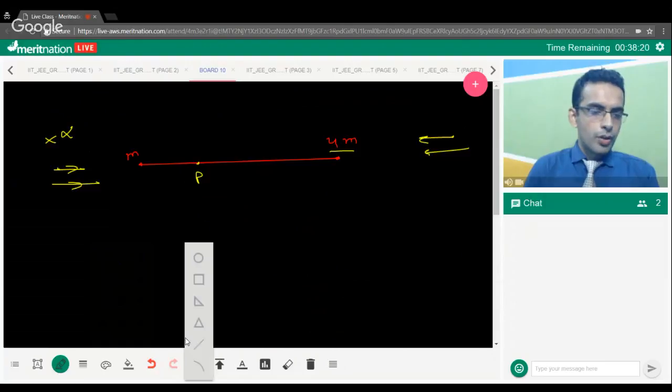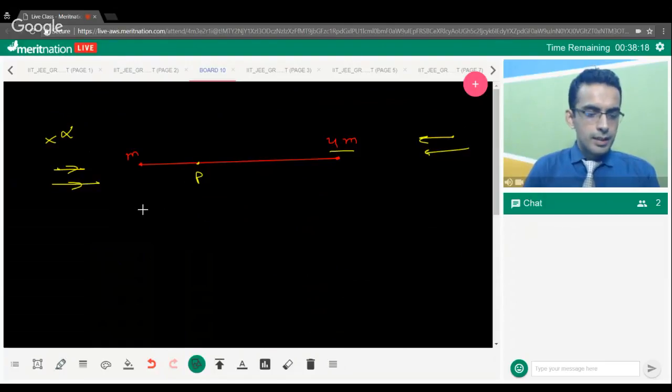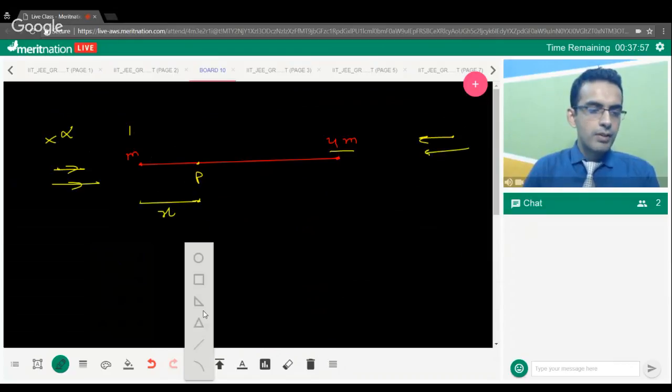Let us say that it lies at a distance of small x from the mass small m. The point P lies at a distance of small x from point mass m, and the distance between m and 4m is given as r.